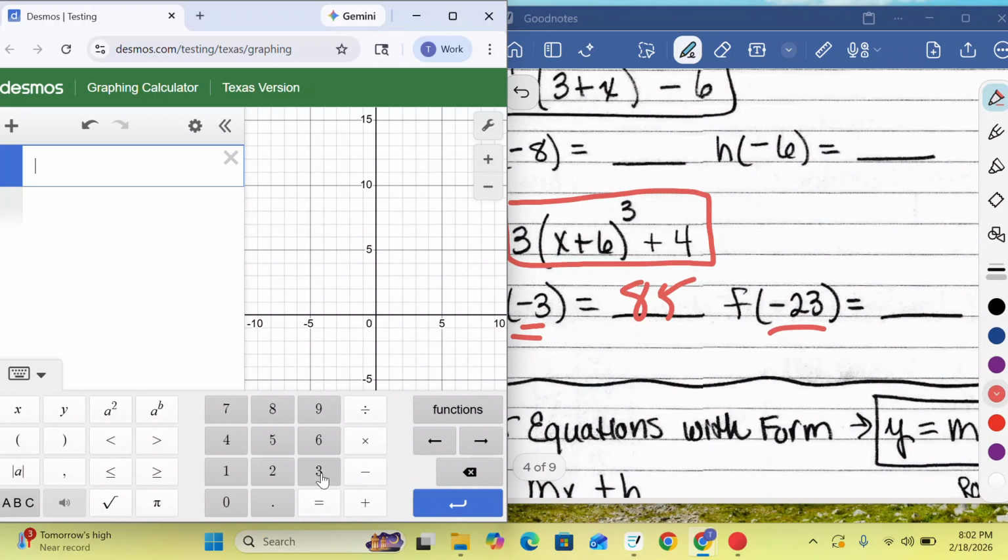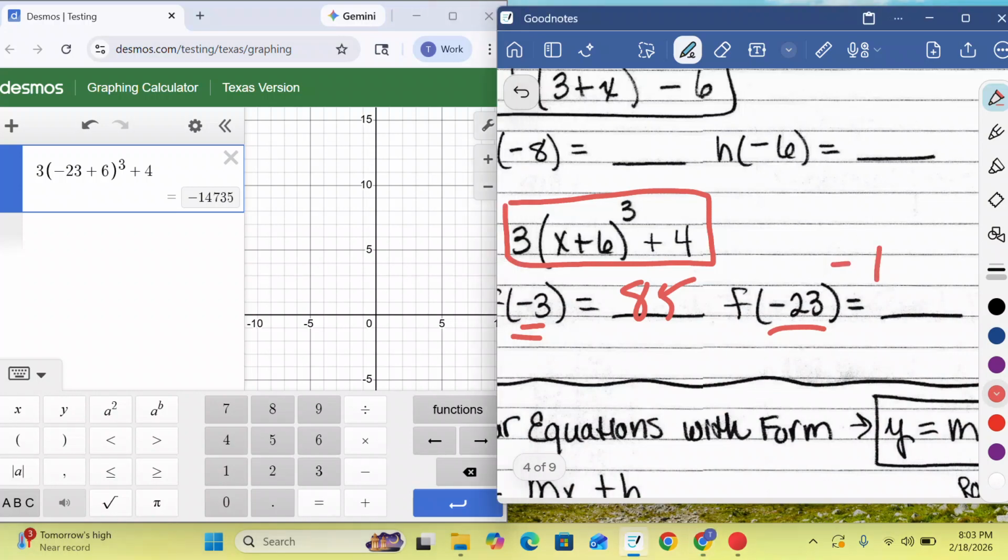So I'm going to go ahead and practice 3, open parentheses, negative 23 plus 6, close parentheses, and then I'm going to do to the 3 power, positive 4, and the answer is, let me just check it, 3, open parentheses, negative 23 plus 6, close parentheses, raised to the 3, plus 4, and the answer is negative 14735.